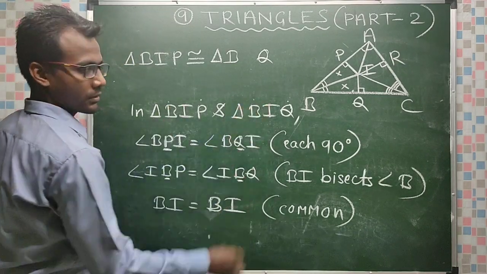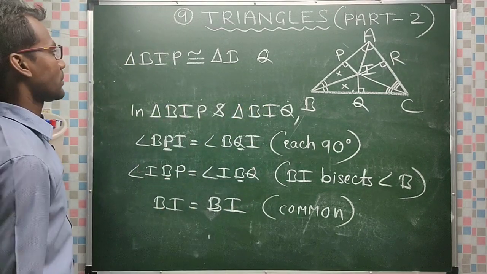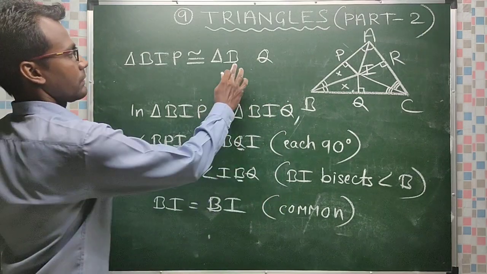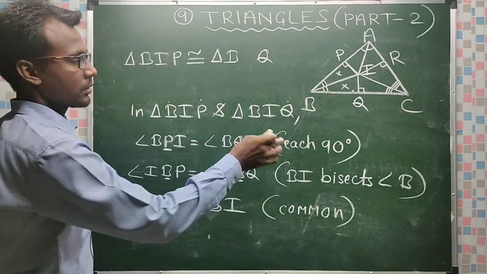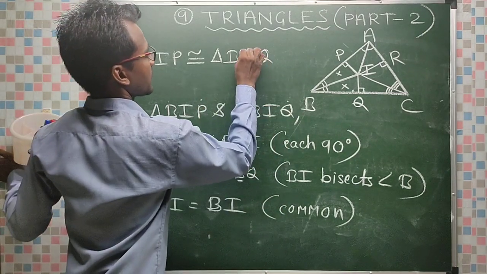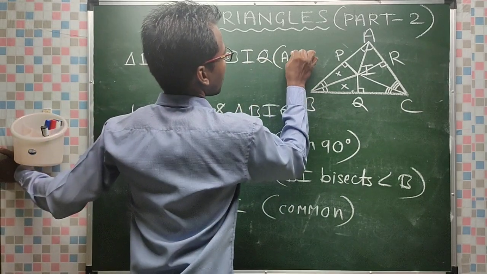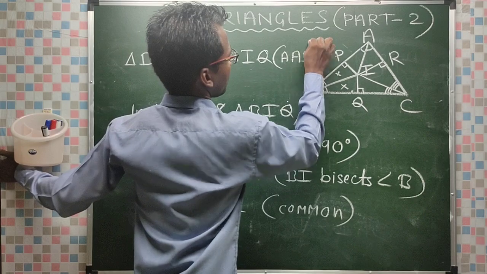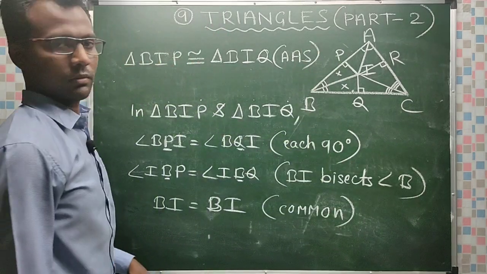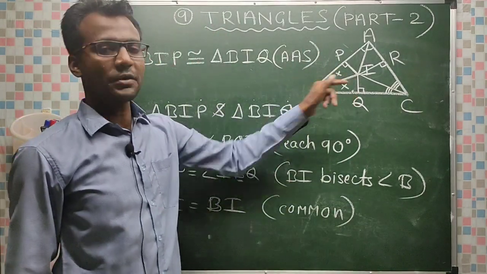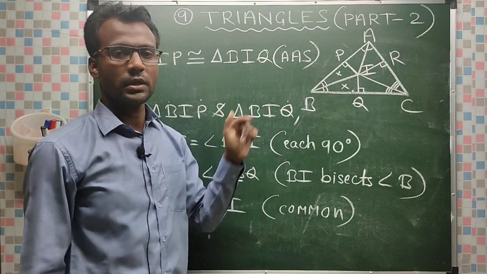The last option will be I. This is AAS postulate. But see, this is a right triangle, but we have used AAS postulate.